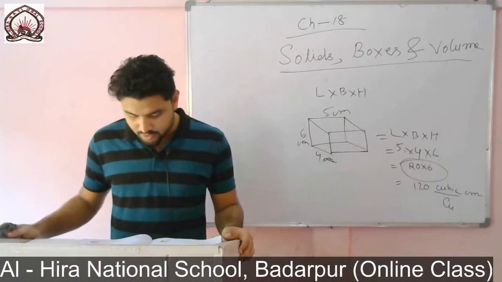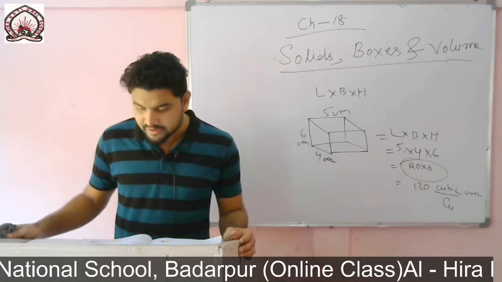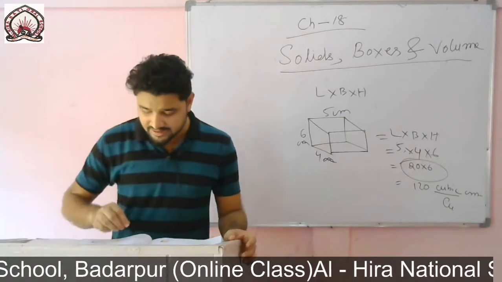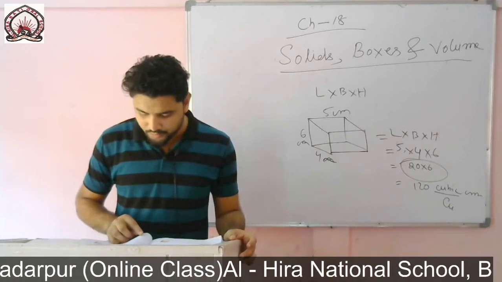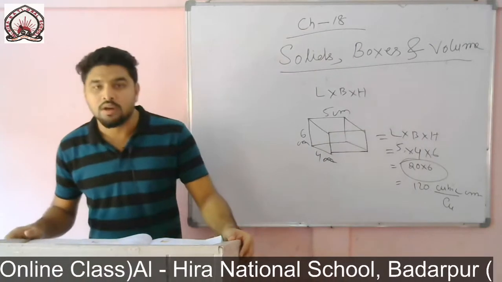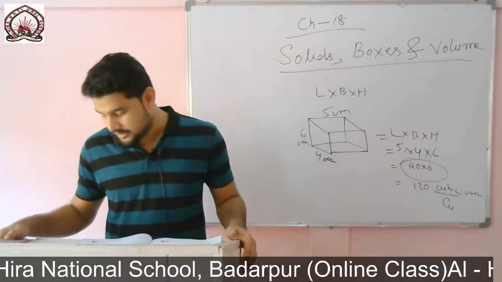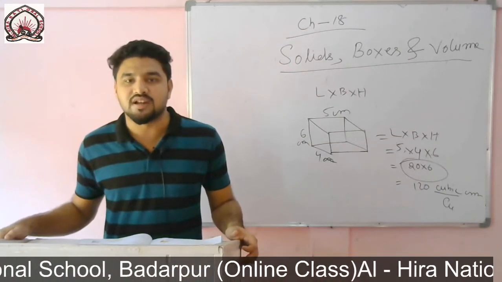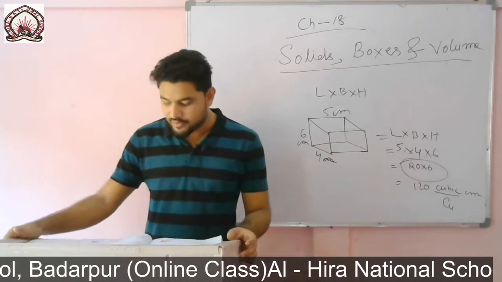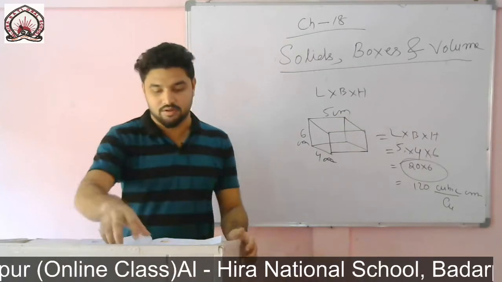Here in the first question, how many squares are there? 1 2 3 4 5 6. That means 6 cubic centimeter square boxes are there, so the volume of this will be 6 cubic centimeter.